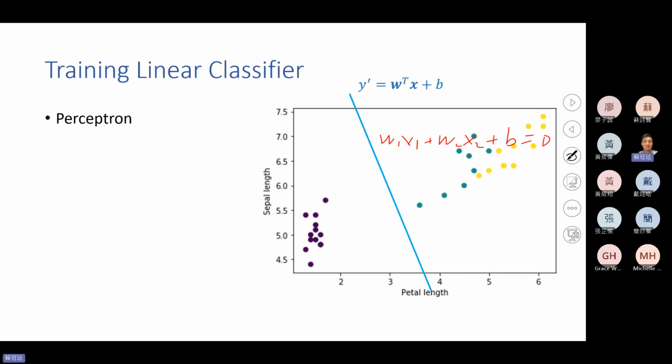So we don't have our y as x2. For the traditional geometry formula there are x and y, but now we only have x1 and x2. So we have a bias. A bias is to move the line away from the origin.